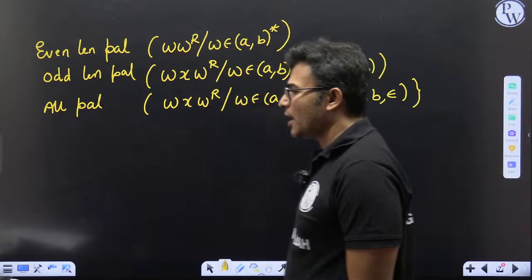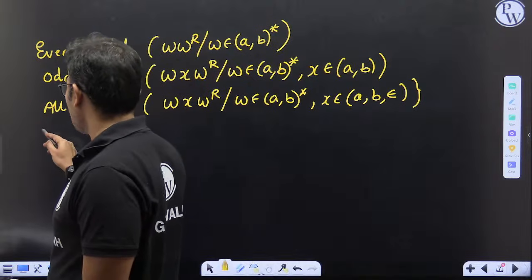Now, how do you write hash palindromes? What is a hash palindrome?